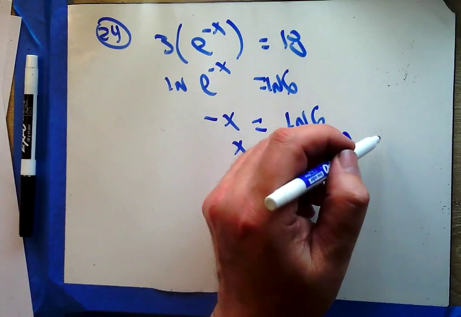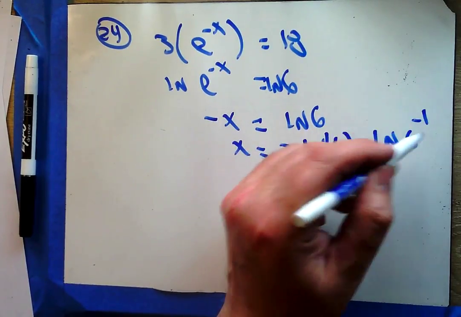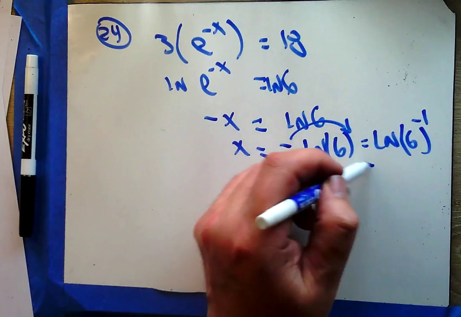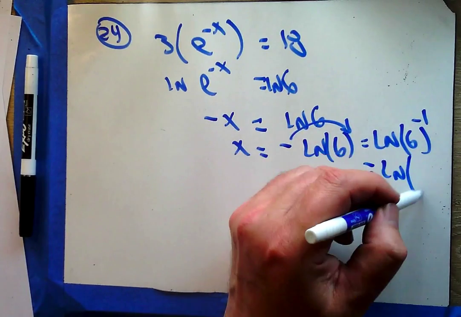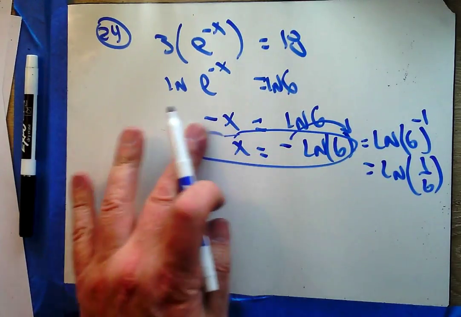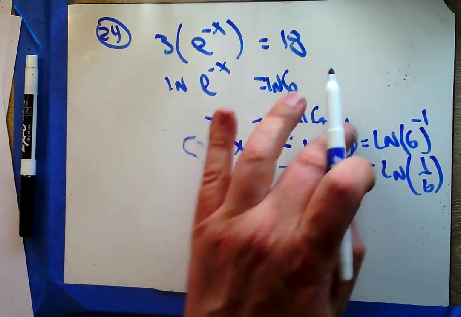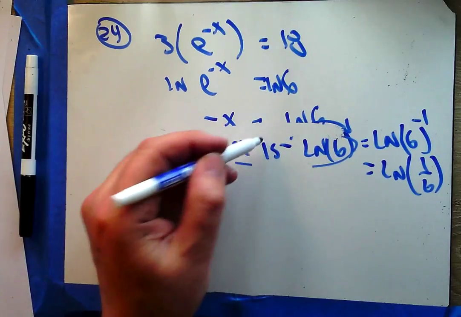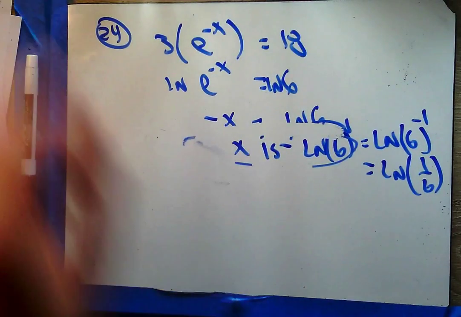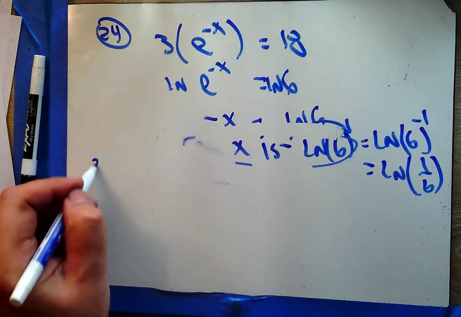I mean, I guess you could always kick that negative up there, power rule in reverse, and then that could be written as ln of 1 over 6, but I would probably stop here. And so, remember, write a sentence, x is. Okay?